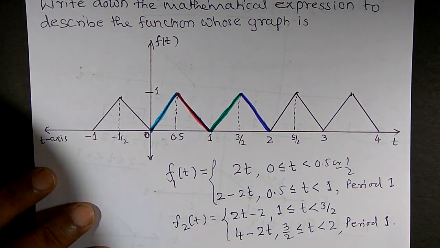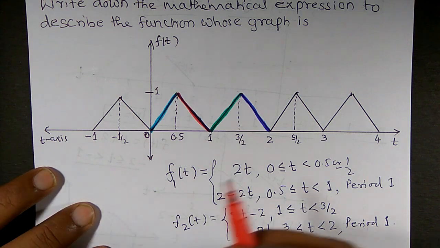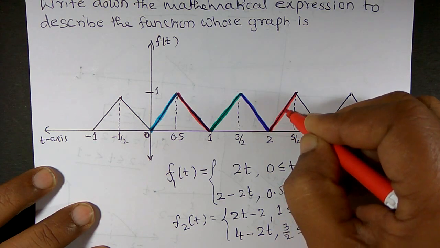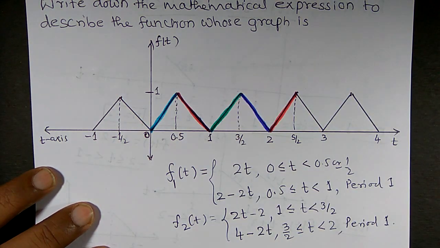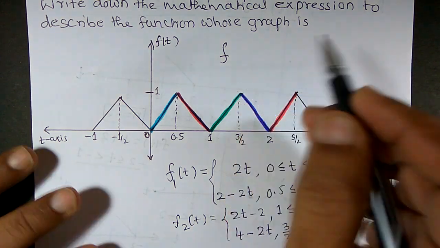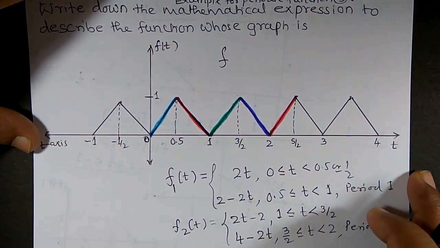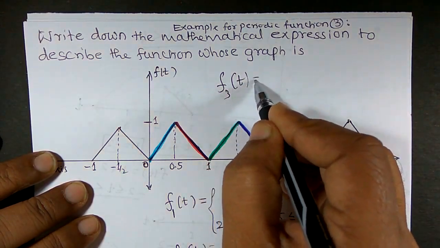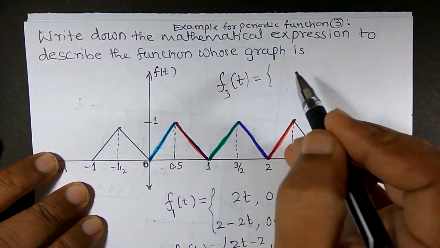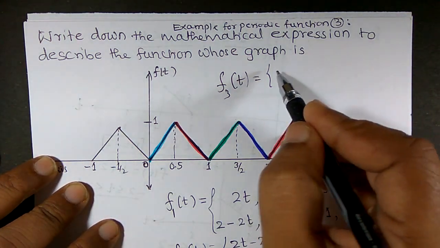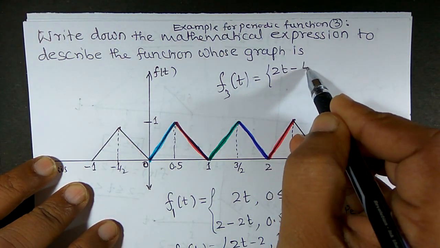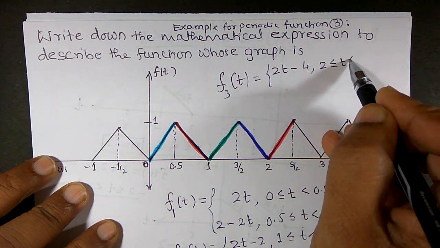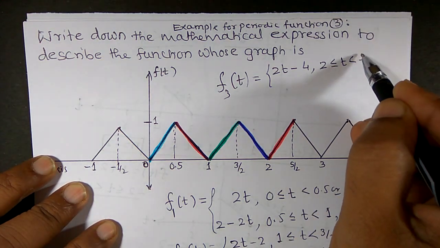Similarly, if I want to write the function from 2 to 5/2, you may call it another function, say f3. f3(t) is equal to 2t minus 4, with the limit 2 less than or equal to t strictly less than 5/2.